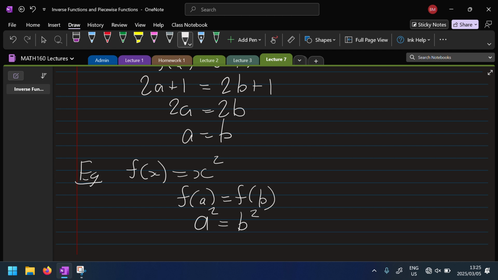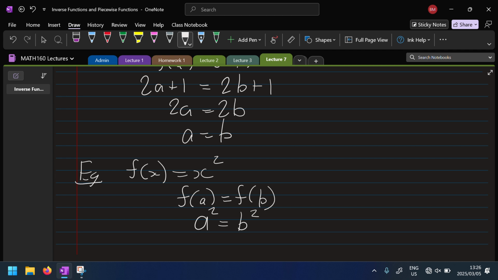No, you can't do that because you're missing solutions. Whenever you take the root of something squared, you're getting rid of the negative solution because the root only gives you the positive. Like root of 4, that's 2. But minus 2 squared is also 4. You've thrown away that solution. So we don't want to take the root on both sides. Okay, that's going to give you problems.